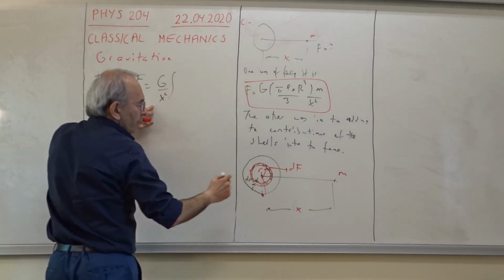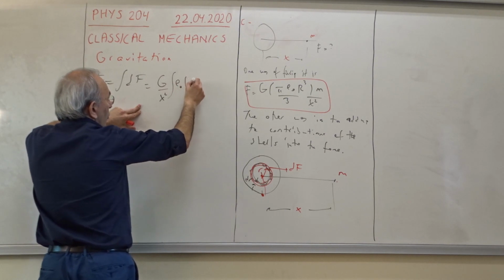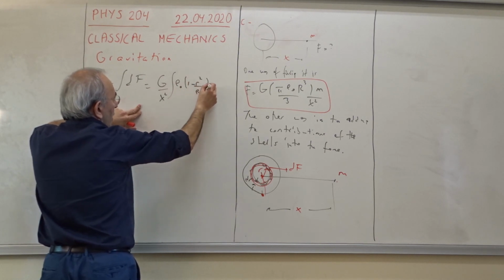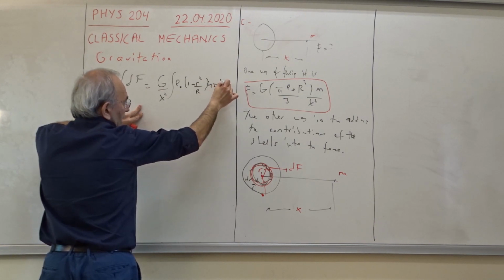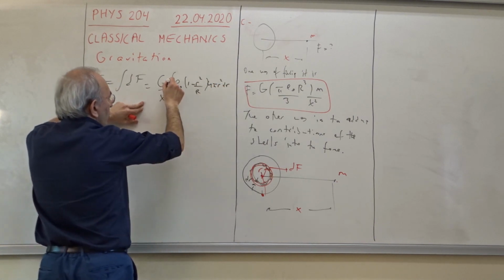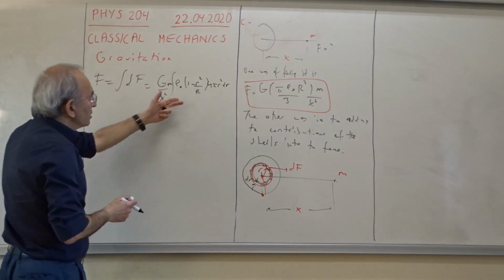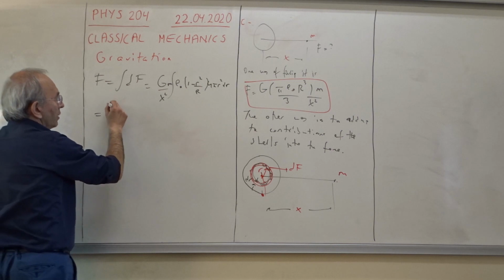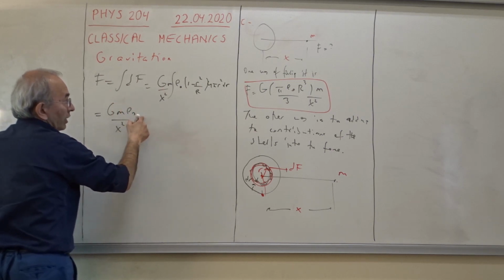Inside what do we have? The mass of this particle, which is rho 0, 1 minus r over R, multiplied by 4 pi r squared dr. And also small m comes out. So inside this, of course, you get the same result. Take the constants outside, G M rho 0 over x squared.